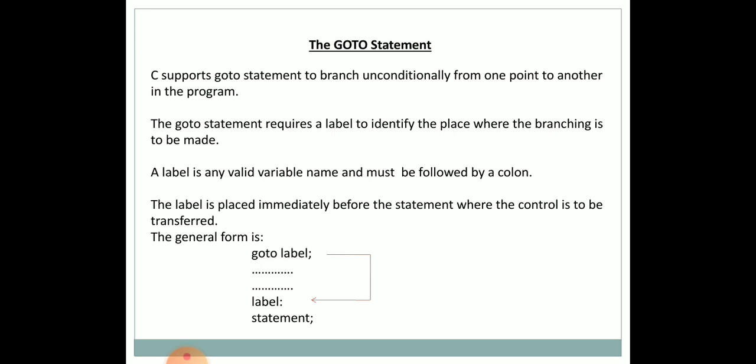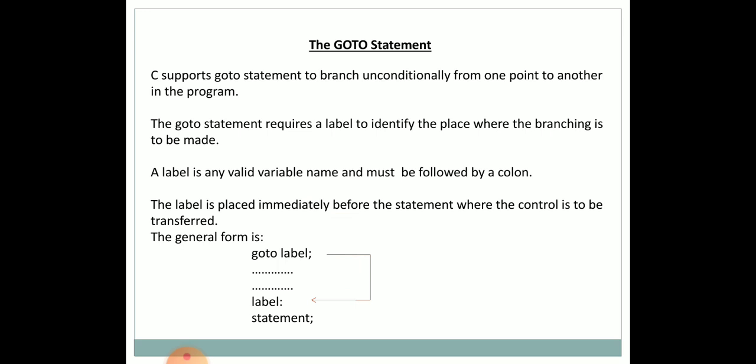See the general form of using the goto statement. Here we specify goto label, and we have given the label elsewhere in the program, and this means the statement given after the label will be executed. All other statements given in between the goto label and the label colon will be skipped.